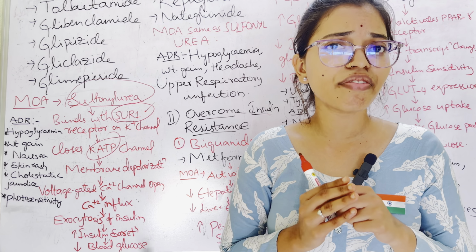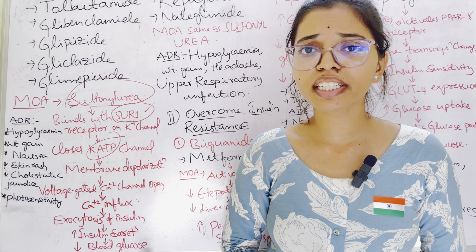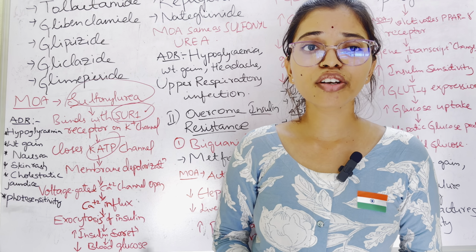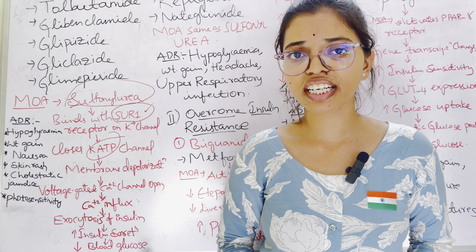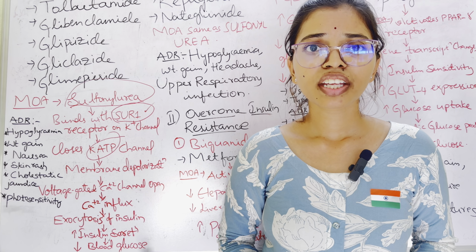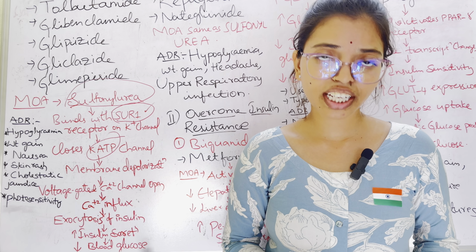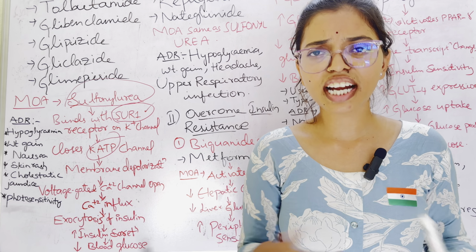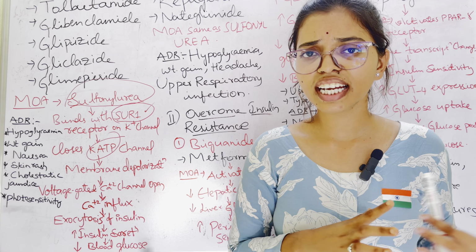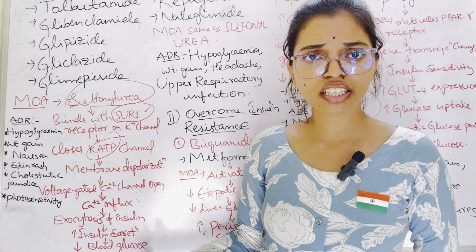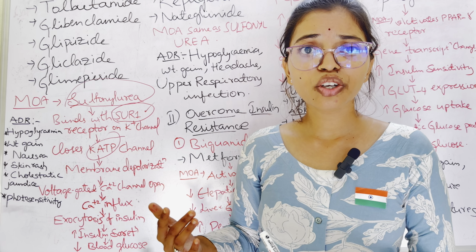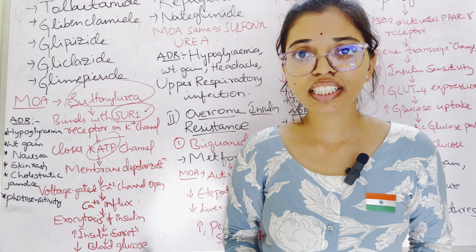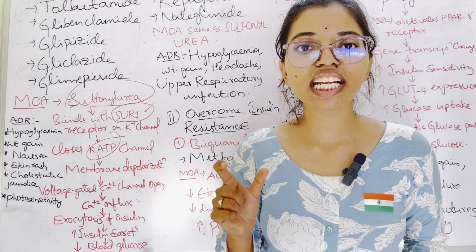The glucose itself alone doesn't have the ability to enter into the target cells. When the blood glucose levels are more than the normal range, the glucose should enter into these target cells, but the glucose alone does not enter directly. To enter the glucose into the target cell, what is the requirement? Insulin is required.